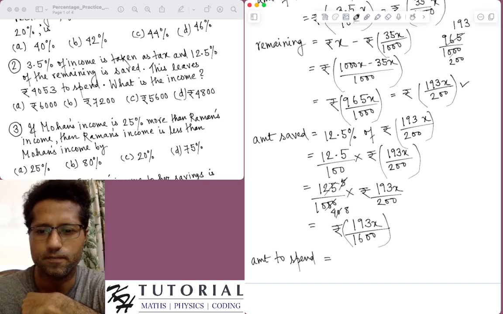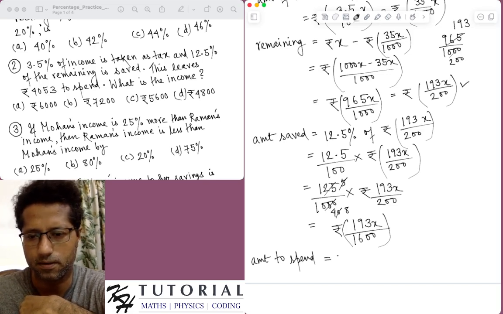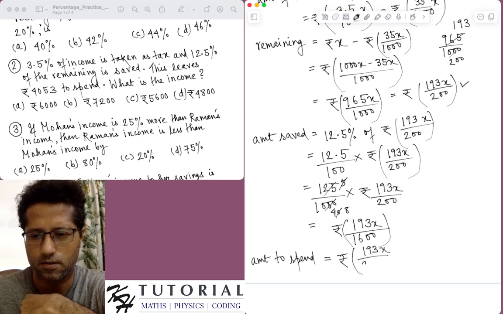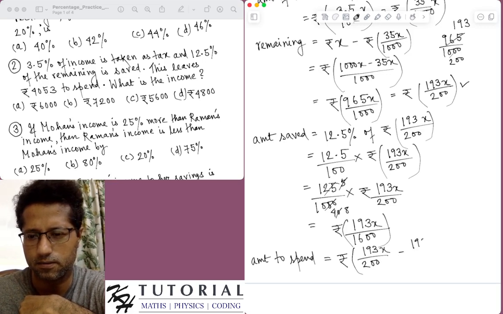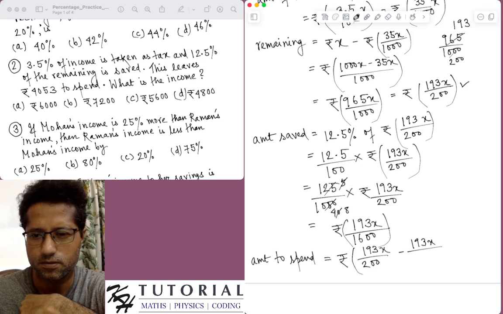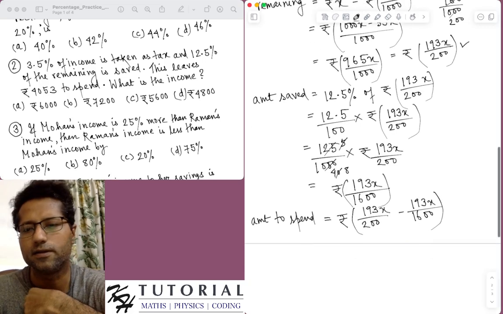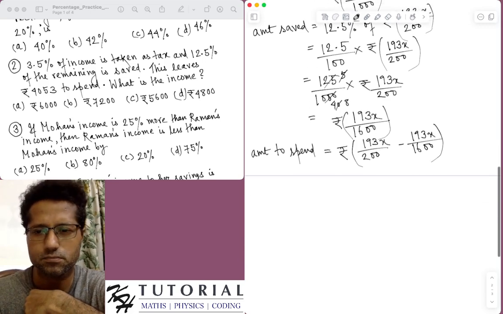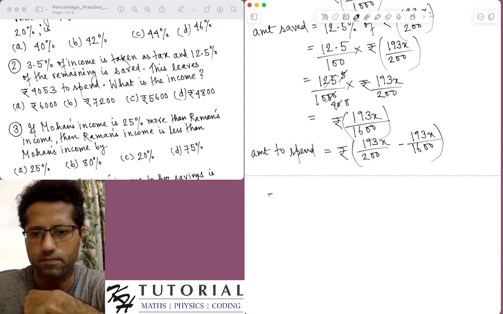So the amount spent is 193 X by 200 minus 193 X by 1600. This is the amount left to spend, whose value is given to be 4053.